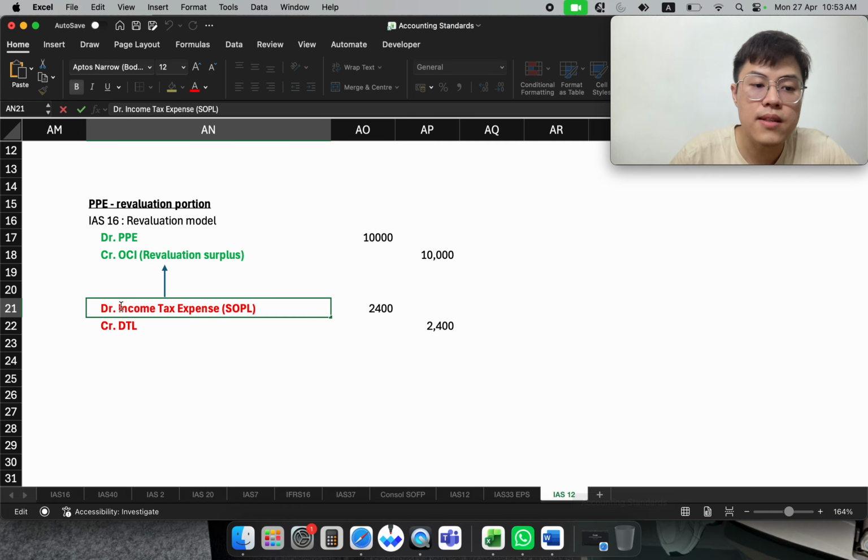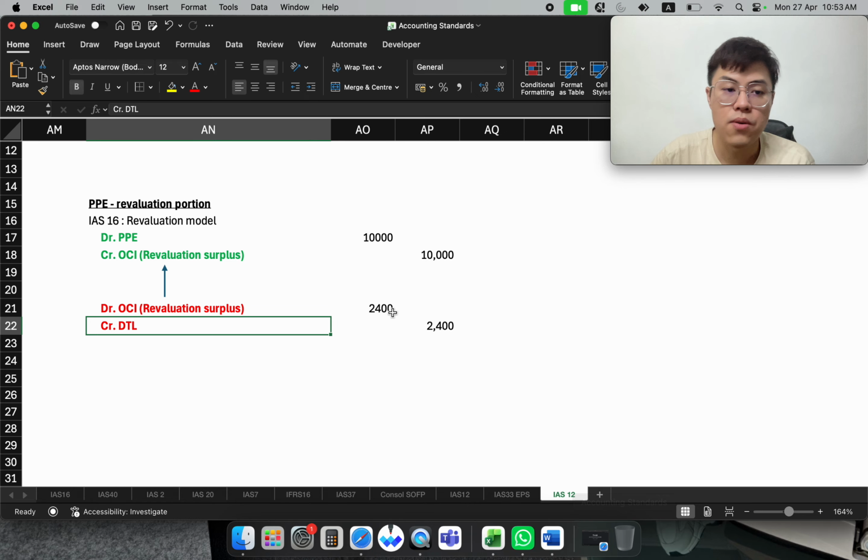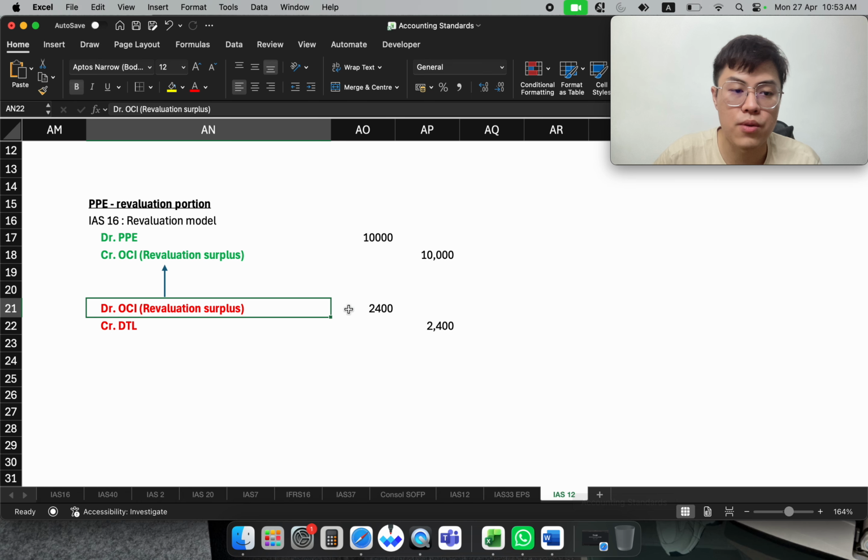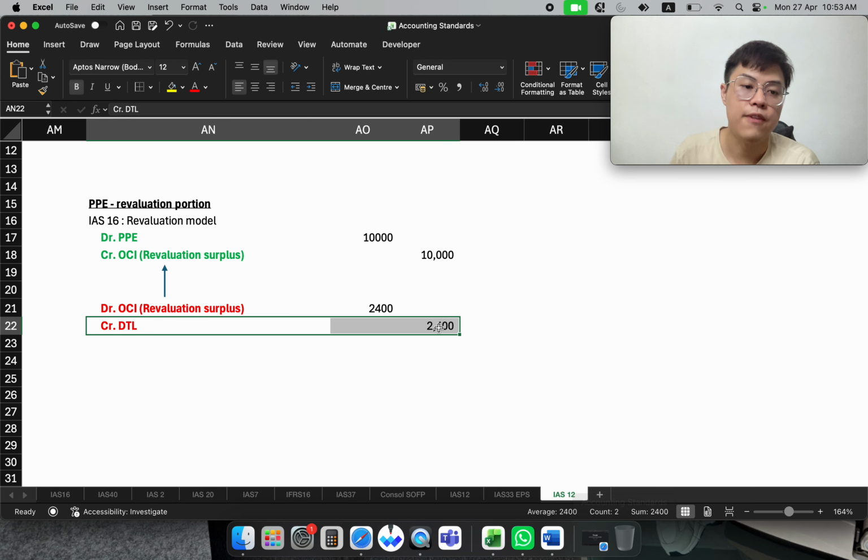Therefore, this income tax expense should be offset against your OCI revaluation surplus. So instead, you will debit OCI and credit deferred tax liability, and this is the deferred tax on revaluation portions. That's all. Thank you so much.